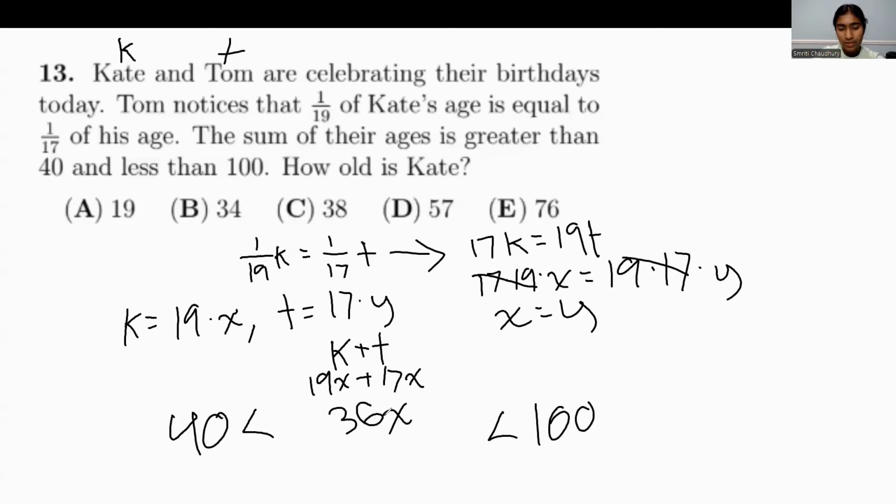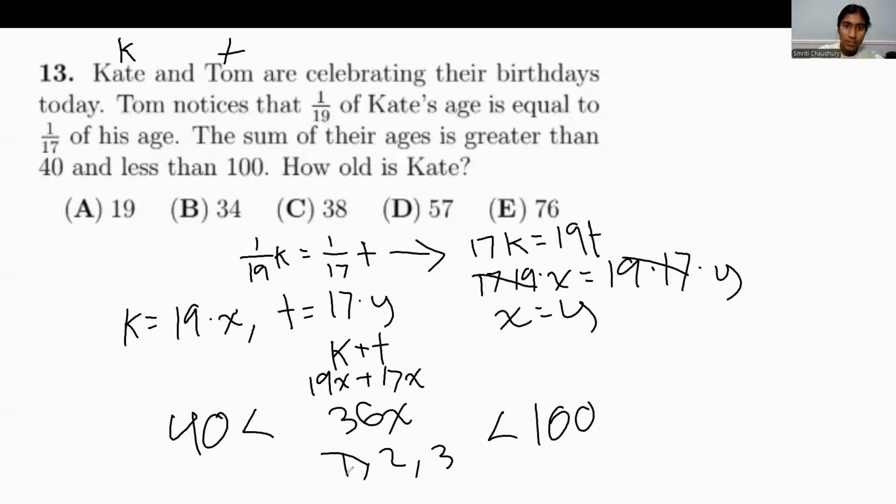So we're trying to find an integer value of x that would fit this criteria. So here, let's try numbers 1, 2, and 3. Now, if x were 1, then it would be 36, which is less than 40, so that does not work. If x were 2, then we'd have 72, which does work.